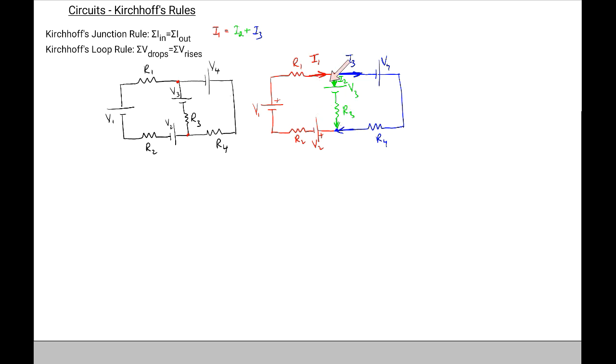So that means that current I1 is going to come out of the junction. So my junction rule becomes sum of the currents in, so into the junction I have I2 and I3, is equal to sum of the currents out, which is I1. So I have I2 plus I3 equals I1, which is what I already wrote over here. So I don't get any new information from using the junction rule at the second junction. It's exactly the same as the first junction.